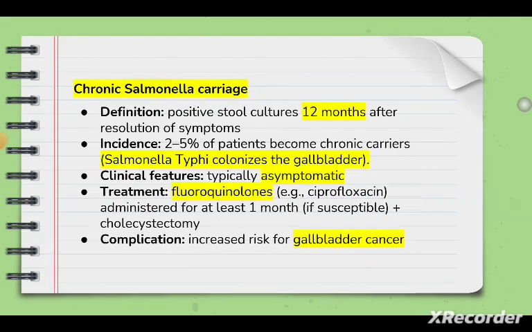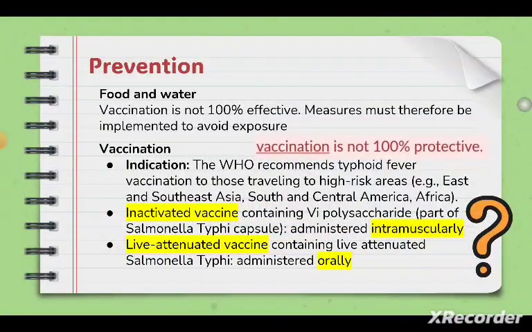So let's come to the next slide, which is about prevention of typhoid fever. As you remember, typhoid fever is transmitted through the fecal oral route. And by knowing that, if we ensure that hygiene and sanitation are maintained, we can limit the spread of typhoid fever. So first point is food and water.